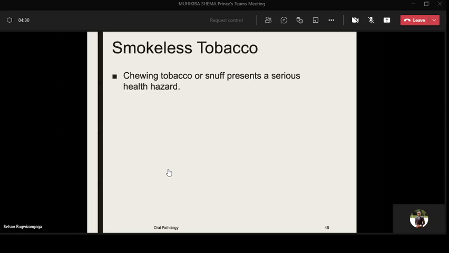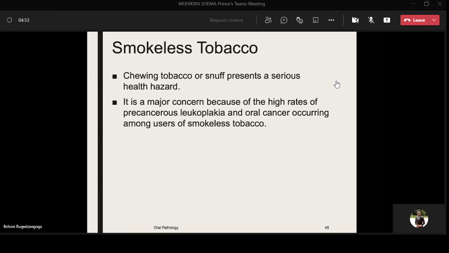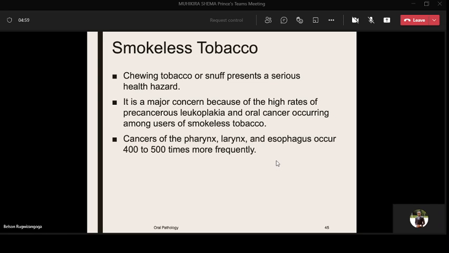Now, the issue of smokeless tobacco, meaning chewing and the other types of tobacco. These are serious health hazards because they are the ones causing oral cancers, squamous cell carcinomas. They are associated with high rates of precancerous leukoplakia and oral cancers occurring in most users of smokeless tobacco.